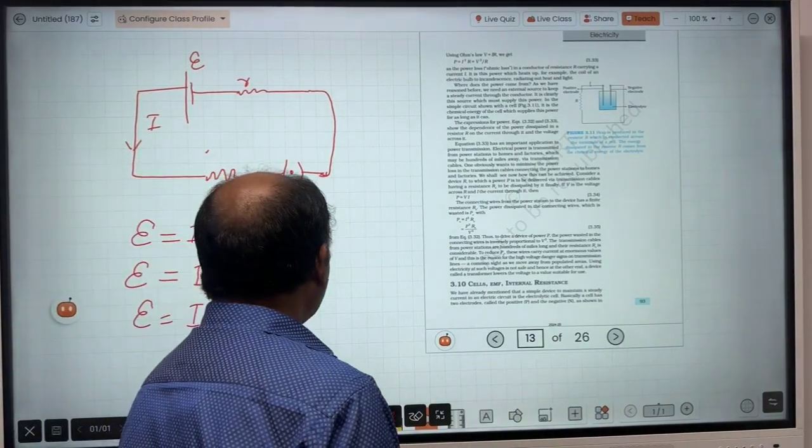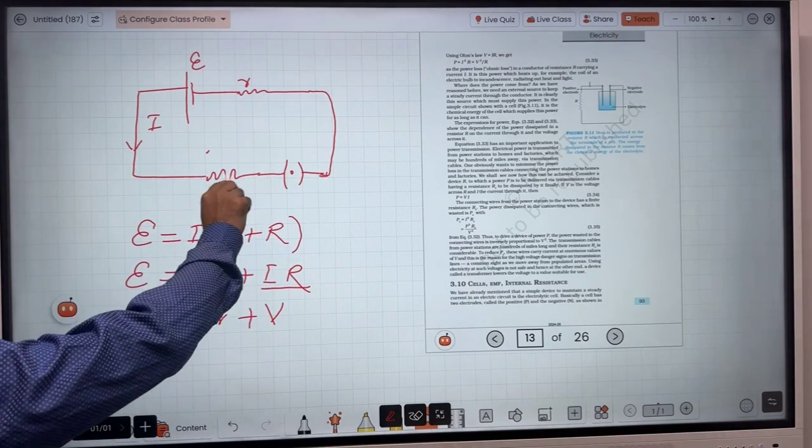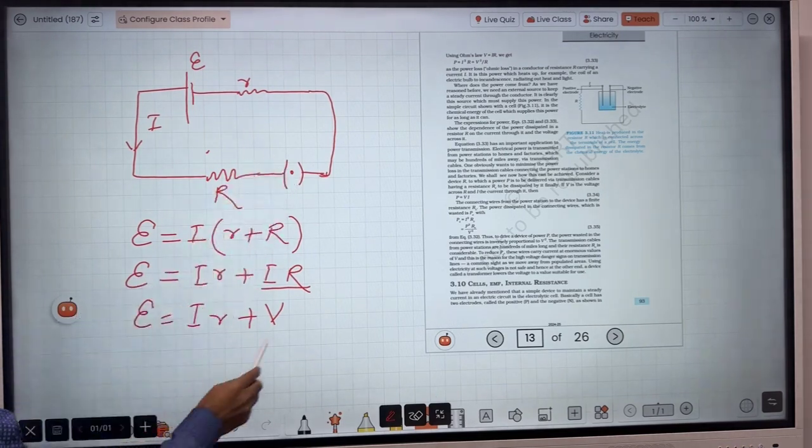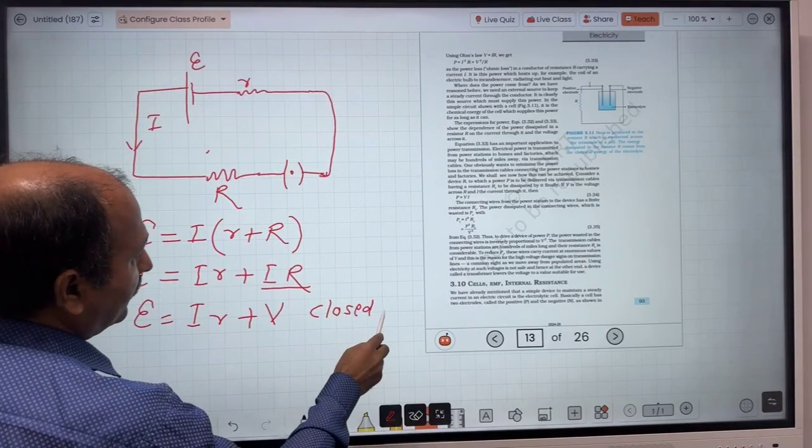Now here it is obvious that E is larger than V, right? This is the case of closed switch.